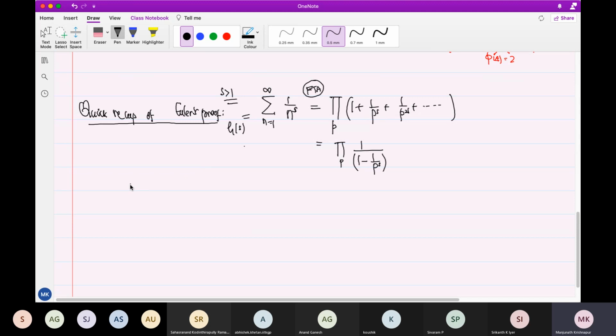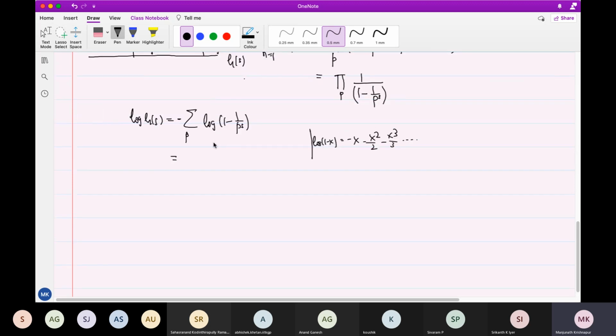So let's take log of zeta of s, which is the sum over primes of negative log of 1 minus 1 by p to the power s. Okay. So you know that log of 1 minus x is minus x minus x squared by 2 minus x cubed by 3, etc., a power series expansion valid for mod x less than 1.